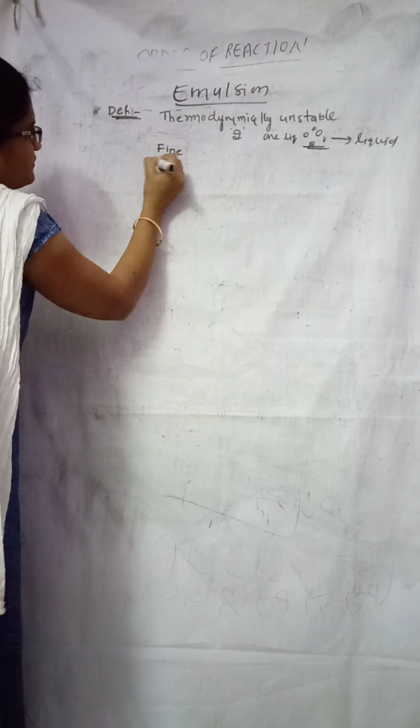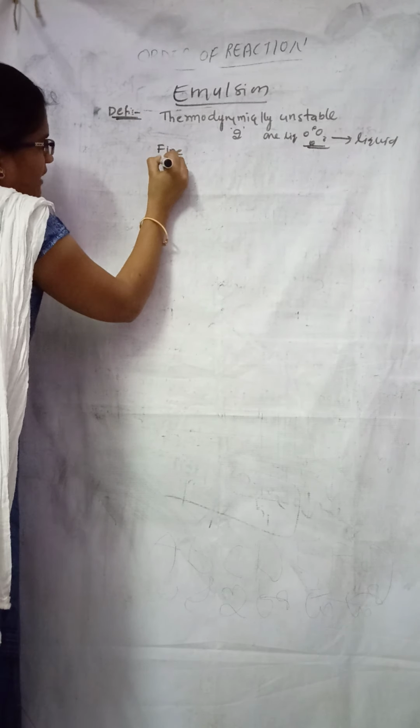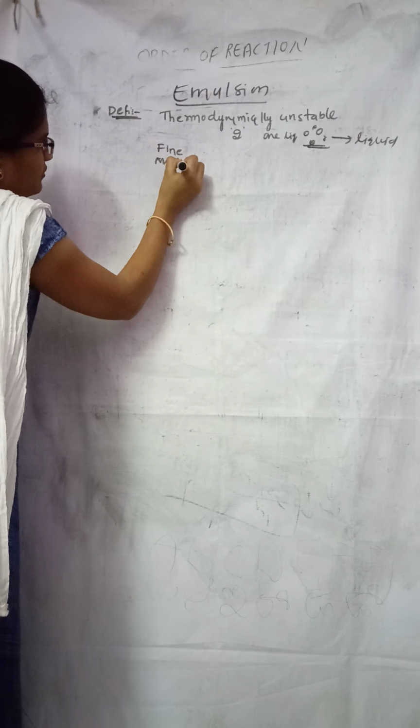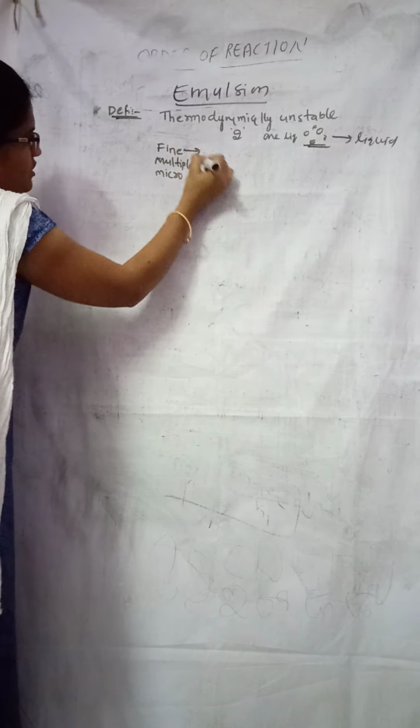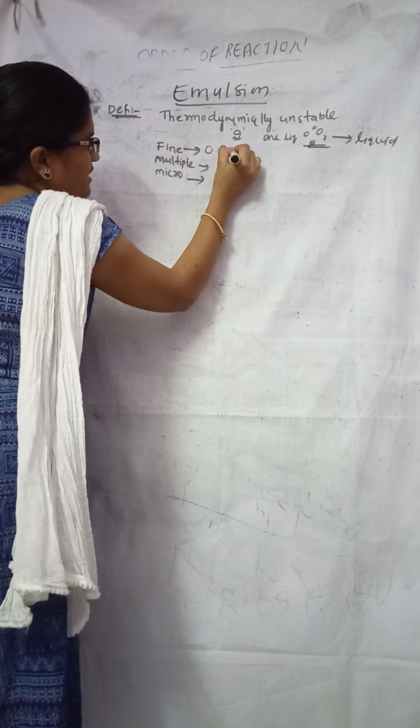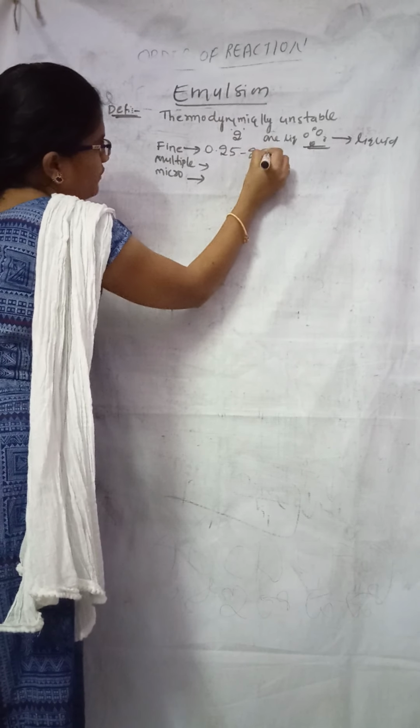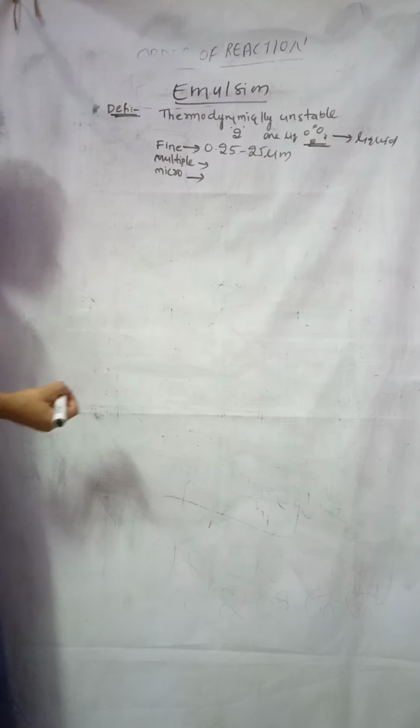So next, if you see the types: fine emulsion, multiple emulsion and micro emulsion. Based on the particle size, fine emulsion means the globule size will be 0.25 to 25 micrometers.